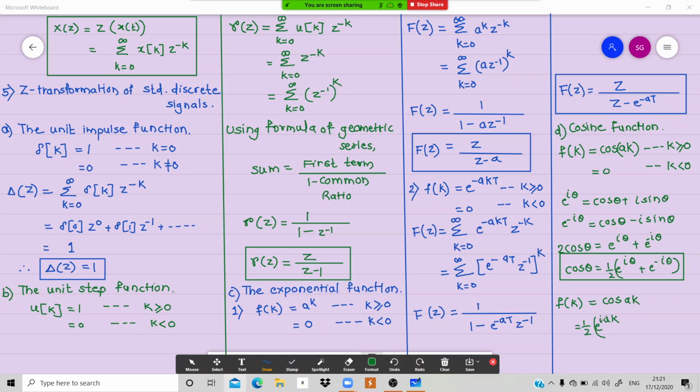Because we talk about control, we should use j, so I'll make that change. Half inside the bracket, e raised to jak plus e raised to minus jak. And now we'll open these brackets and try to find the Z transform of this.